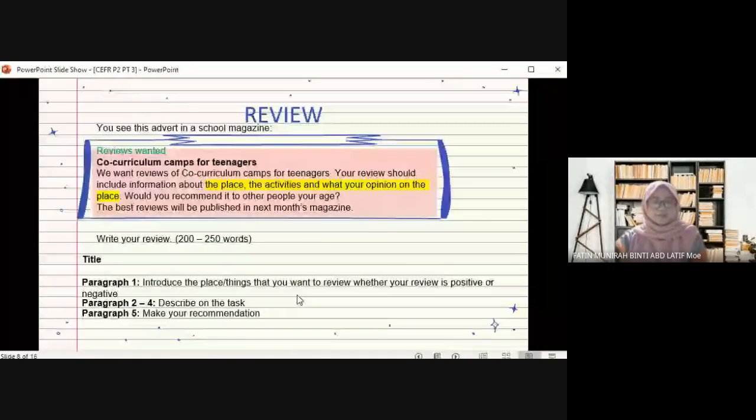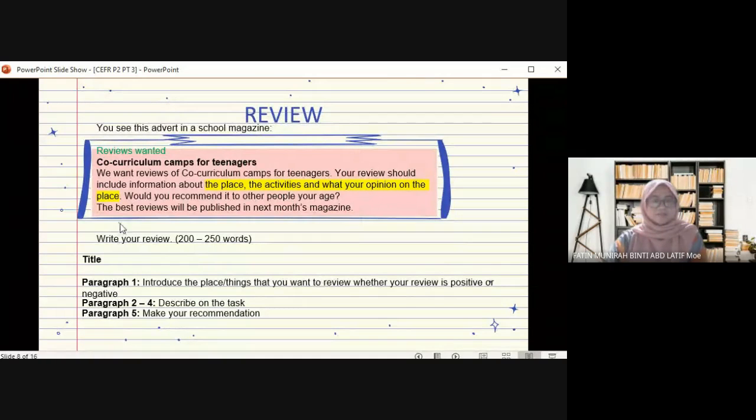Okay, paragraph 2 to 4 awak kena explain tentang tempat tu, the place, dekat mana dia berada, location dia, and then you have to describe the activities, apa aktiviti yang awak buat dekat sana, and then what is your opinion, apa pendapat awak, adakah ia menyeronokkan, adakah ia membosankan dan sebagainya.